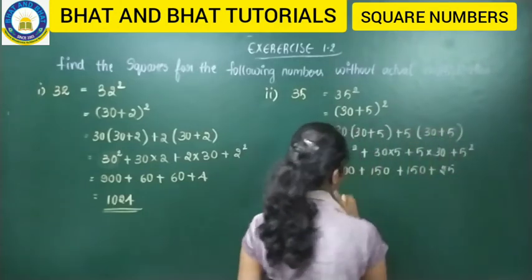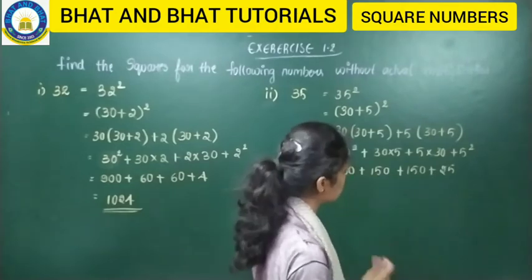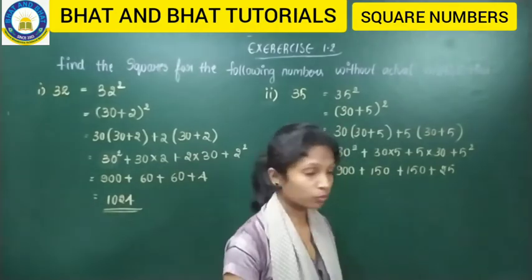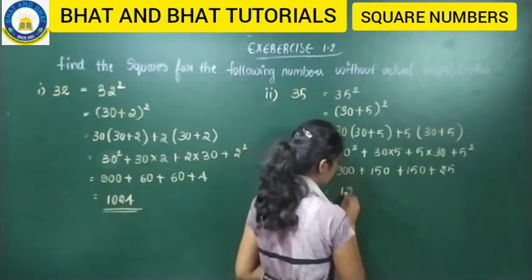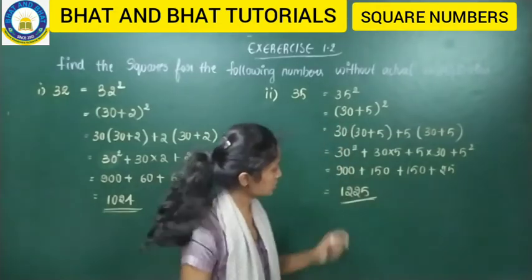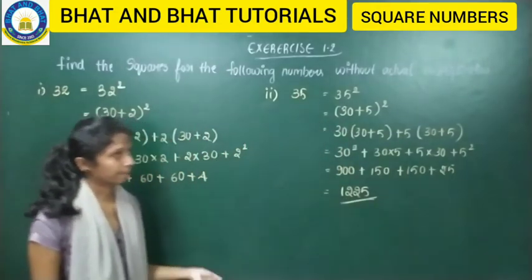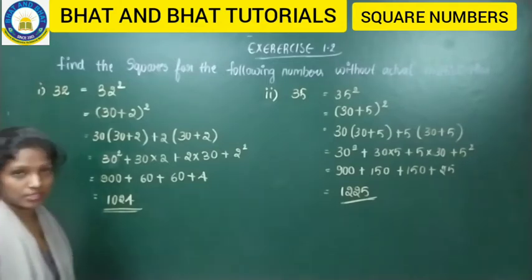So now 900 plus 300, 1100, 1200. So 1225 is your answer. Got this? Copy down this now. So fine, hope you all copied the second one.